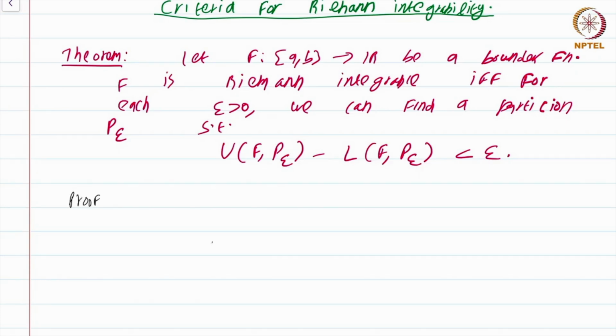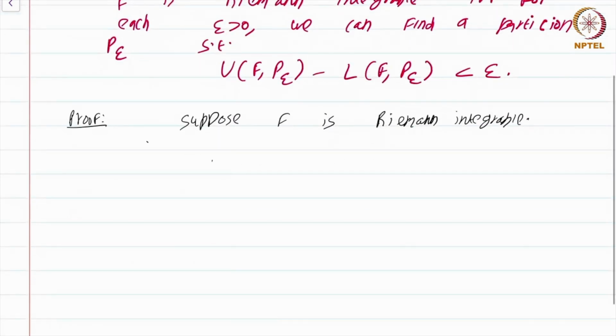Proof. Suppose f is Riemann integrable. We will first deal with that direction. Then that just means that the infimum of U(f, P) is equal to the supremum of L(f, P).